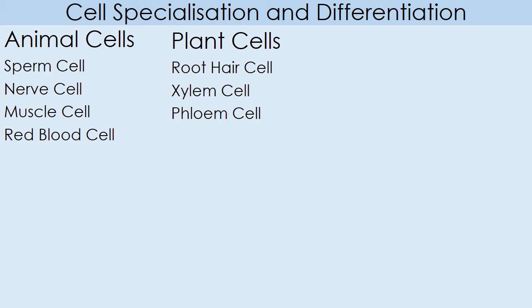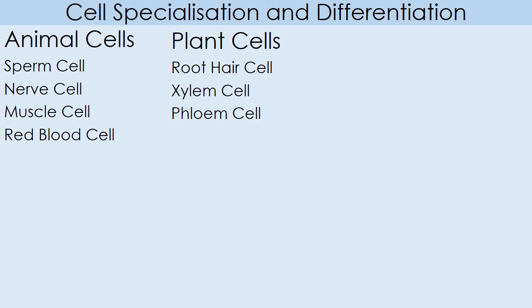Finally, we've got those phloem cells. These are our other transport cells that make up the tissue within plants. Now this is the one that carries all the dissolved food up and down, as opposed to xylem, which only moves water up. This is moving everything else up and down, particularly all that lovely glucose that they've made.